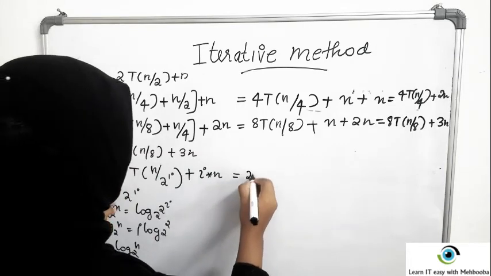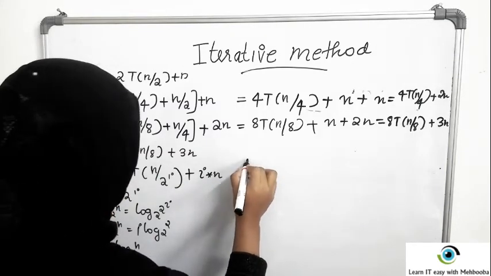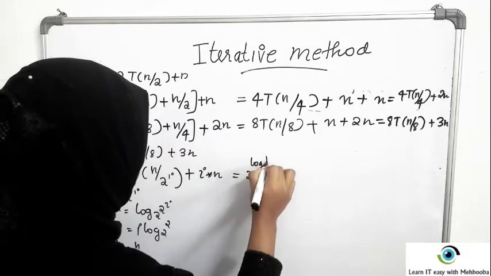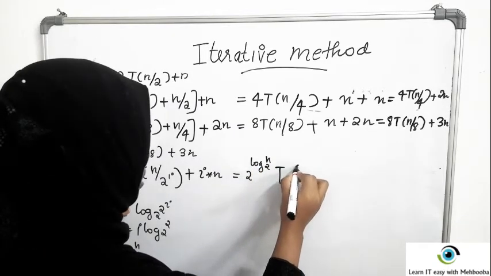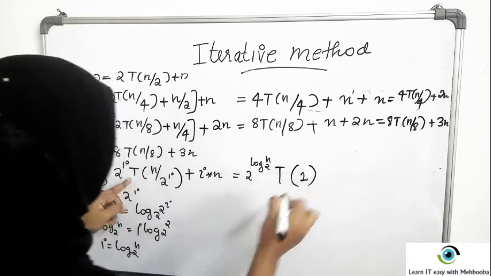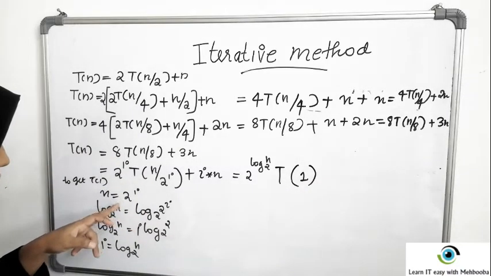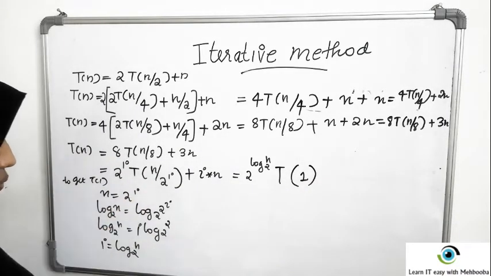So 2 raised to log n to the base 2 into T of, now n and 2 raised to i are equal, so this becomes 1.